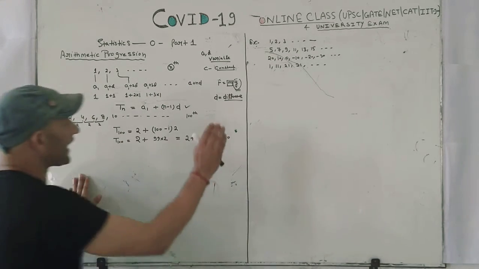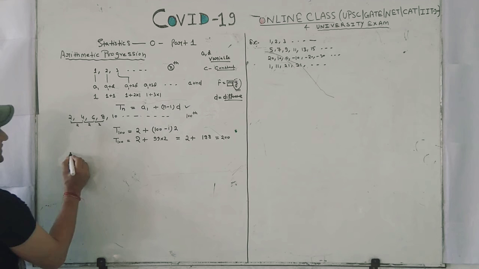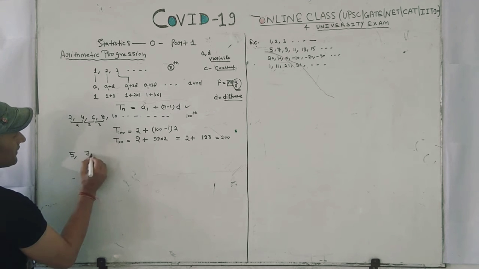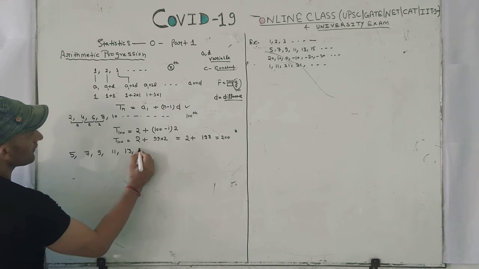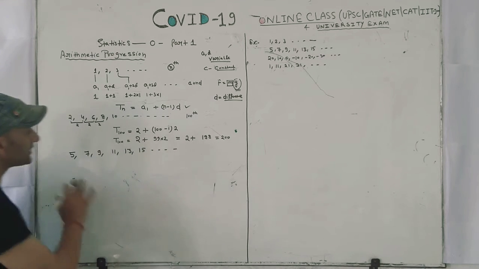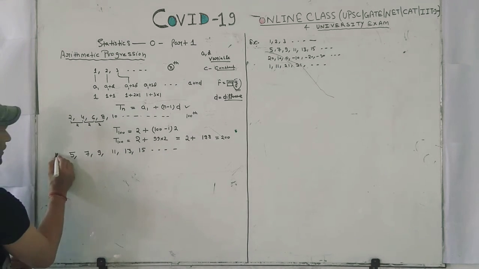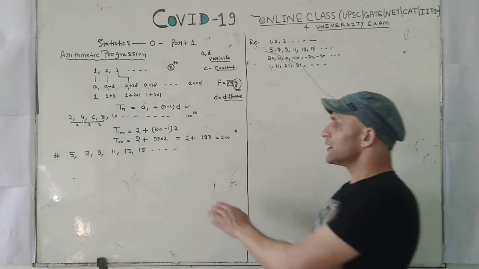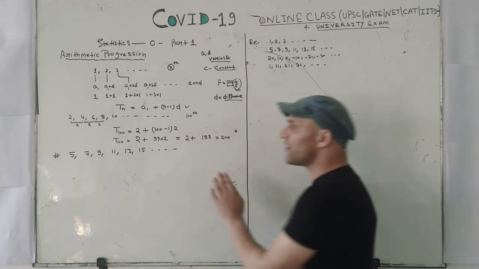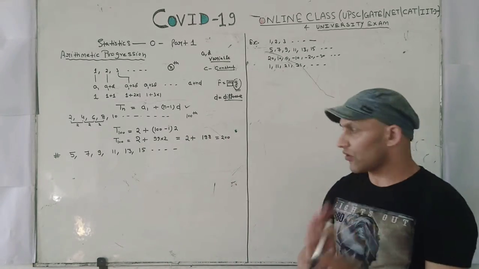Let us take another example: 5, 7, 9, 11, 13, 15 and so on. Whenever you get a question like this, at first you will check whether the difference between two consecutive terms is fixed or not.